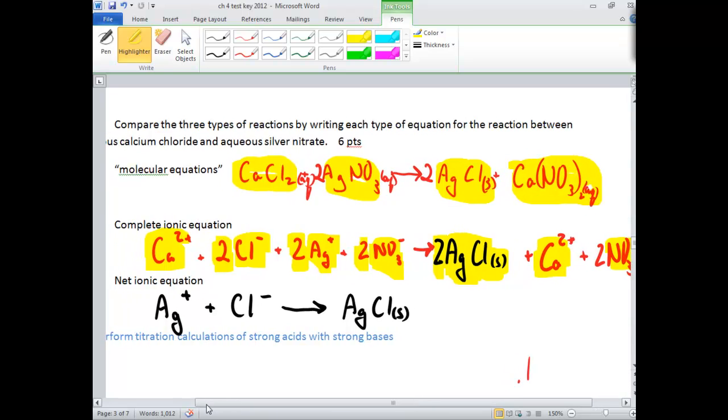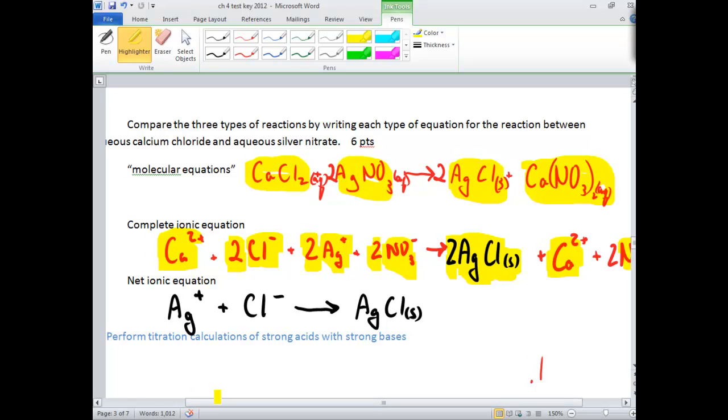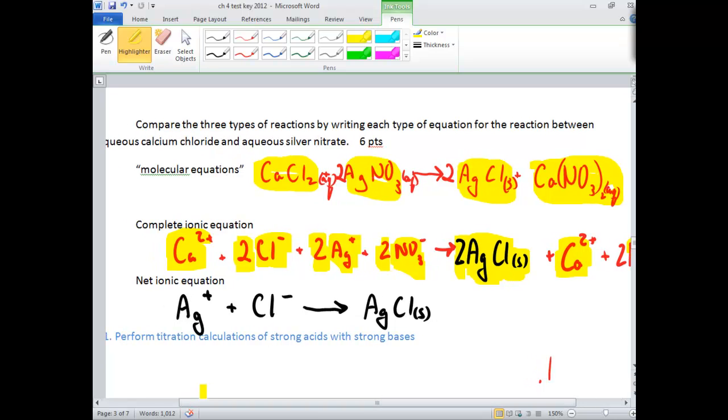Now, what's the net ionic equation? Well, the net ionic equation is designed to show us just the important things that are going on. And then, of course, keeping in mind that there's some other stuff still floating around out there in solution. But we're interested in the reaction in this particular equation.